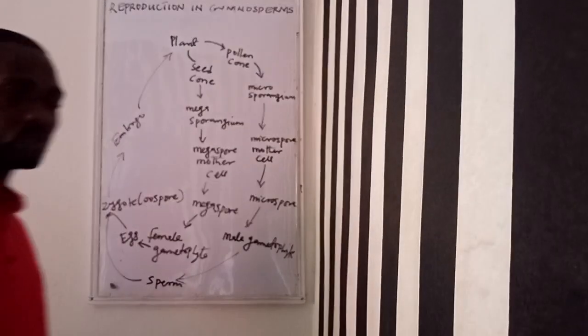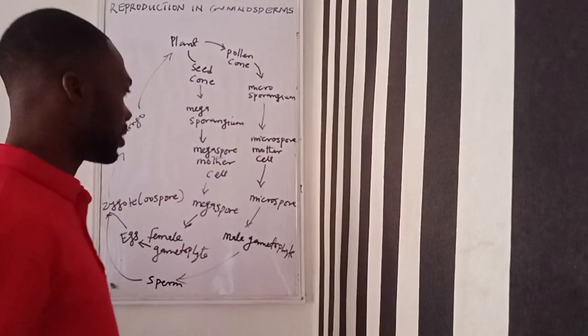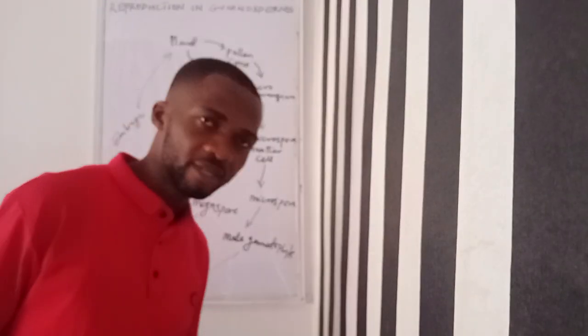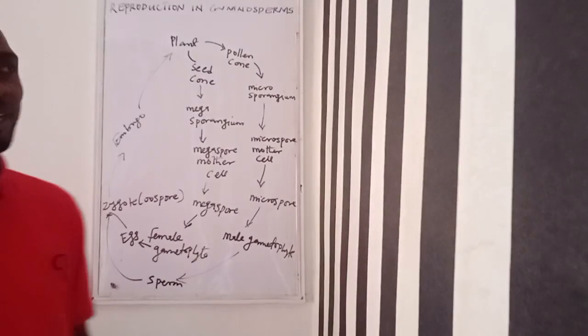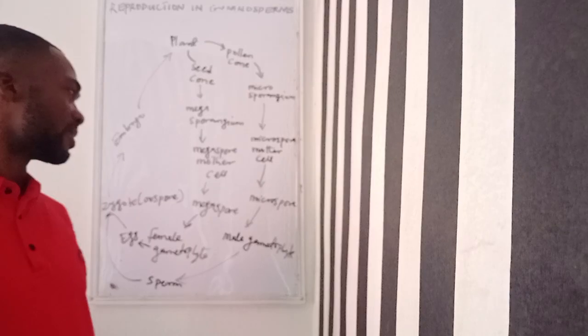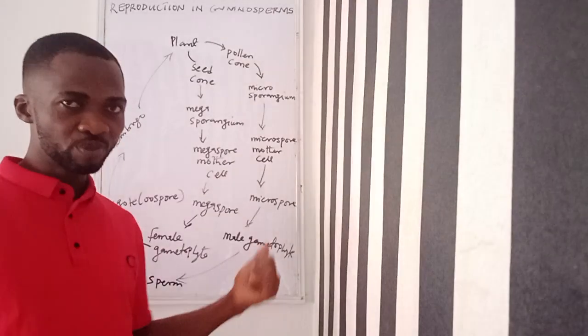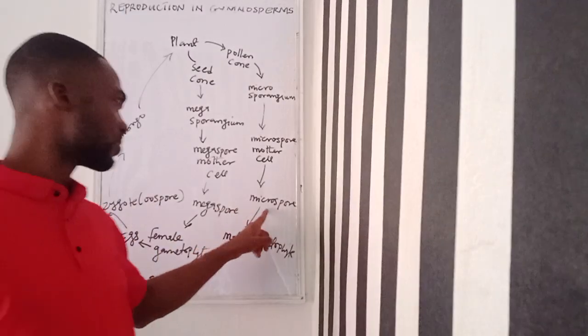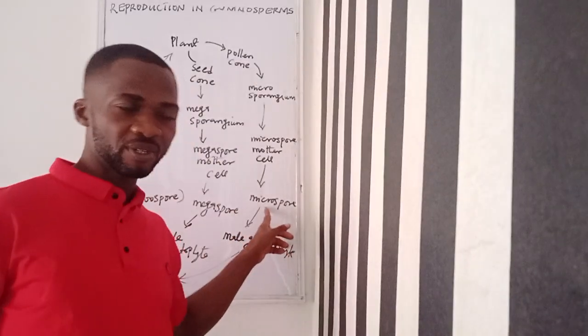The microspore develops into the male gametophyte. If you can remember, when I drew that diagram, I explained this. Note this: the microspore is also called the pollen grain.